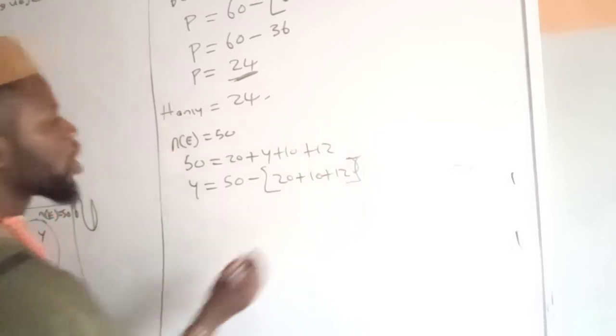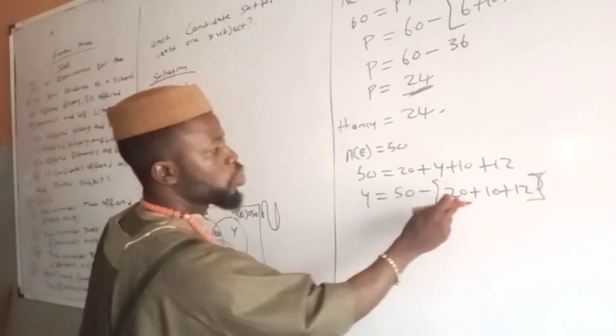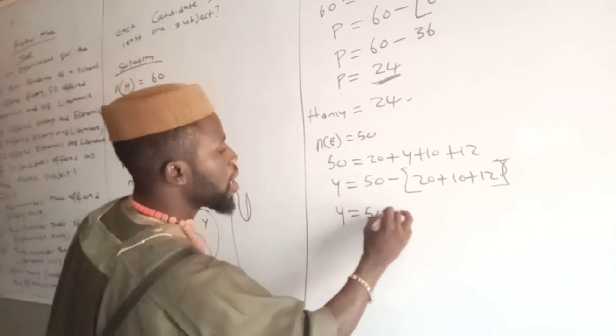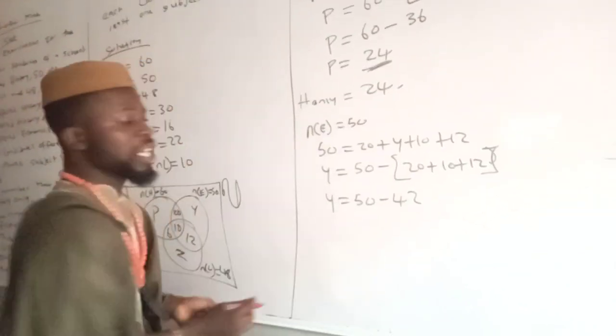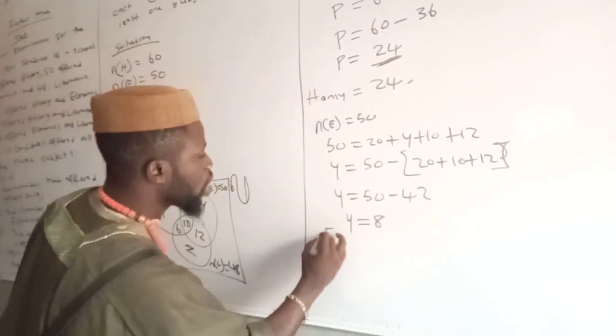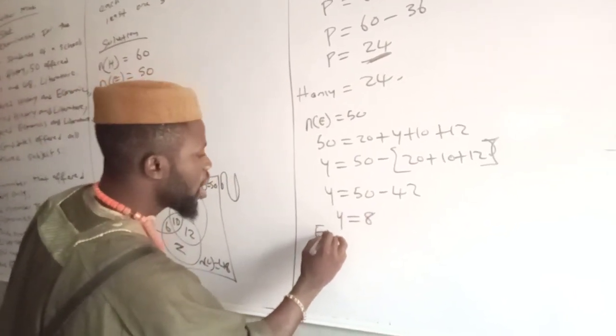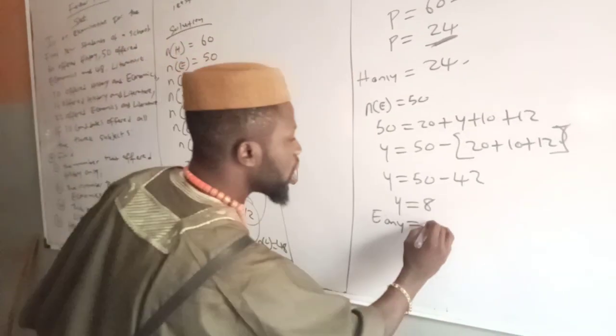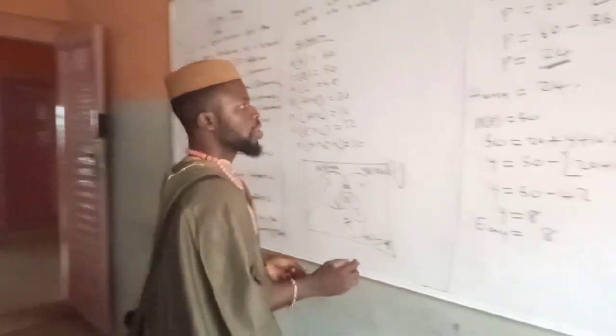And what's 20 plus 10 plus 12? That's 42. Y equals 50 minus 42, and 50 minus 42 is 8. Y will be equal to 8. That means economics only will be equal to 8.